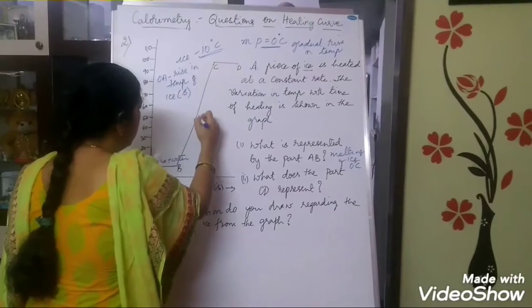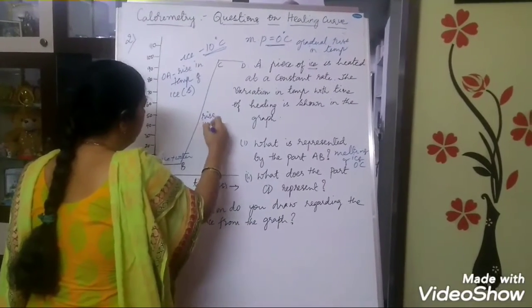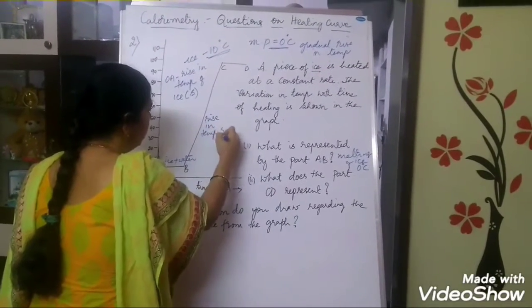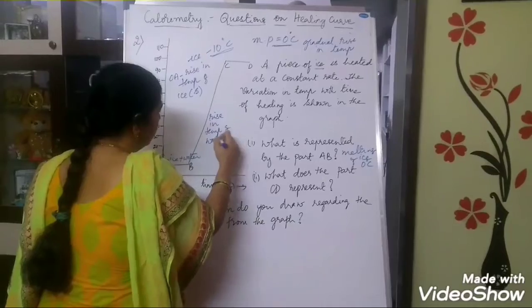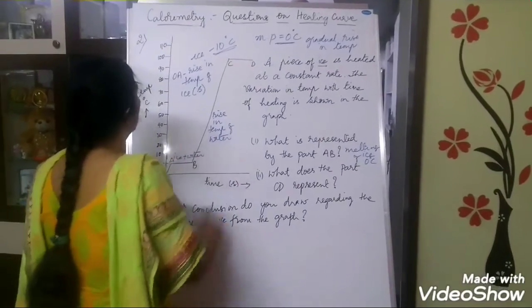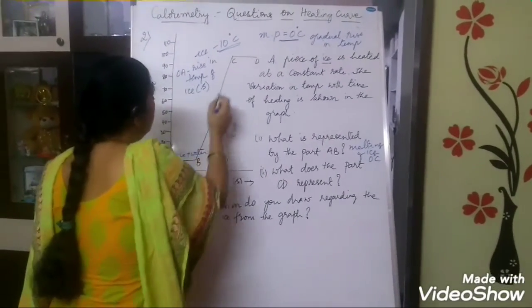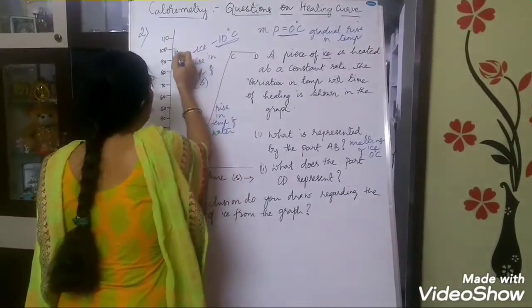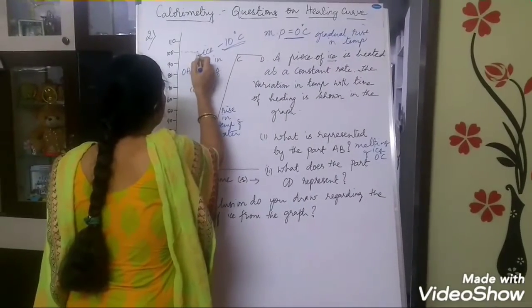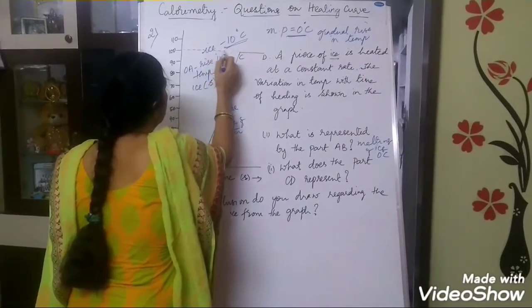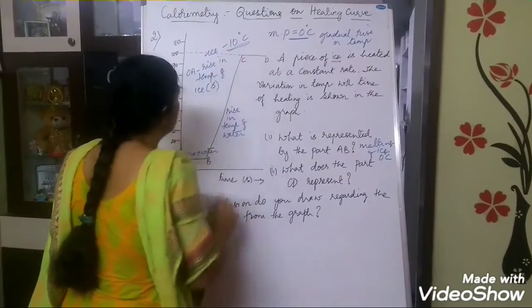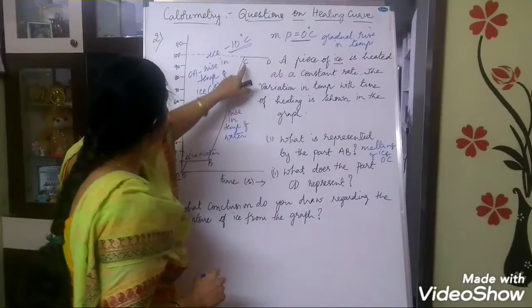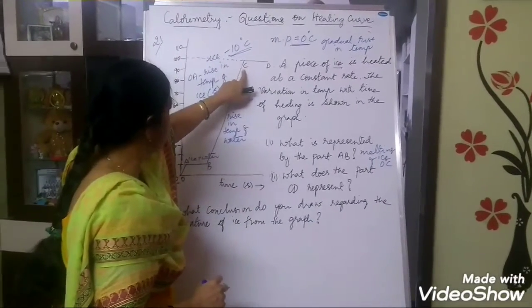So here there will be rise in temperature of water. Now, till what temperature will there be rise in temperature? Till the boiling point of water is reached. The boiling point of pure water, we know, is 100 degrees Celsius. So, there will be rise in temperature up to 100 degree Celsius.